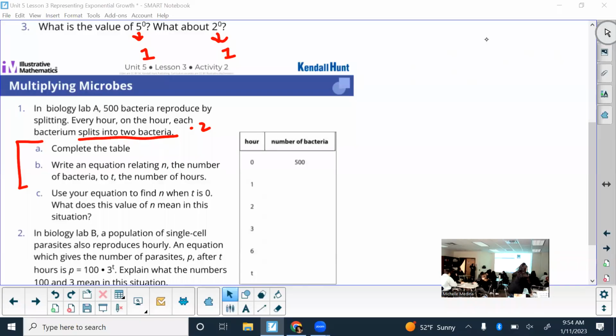I try to get to every table, but sometimes I forget, so we'll try to spread the love. Table 2. After 1 hour, how much bacteria is there?